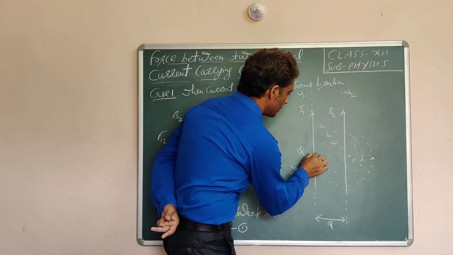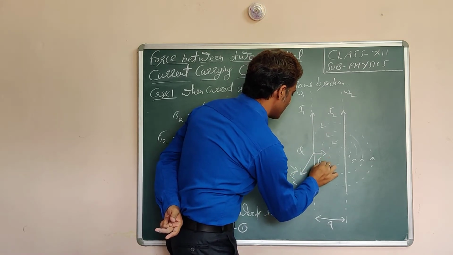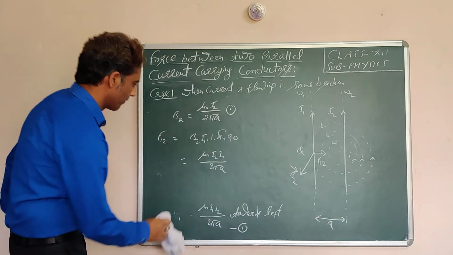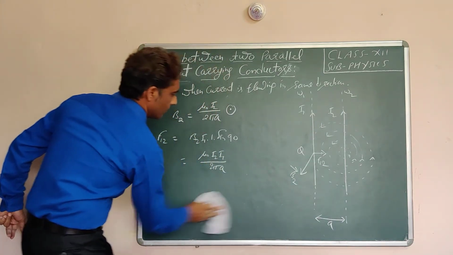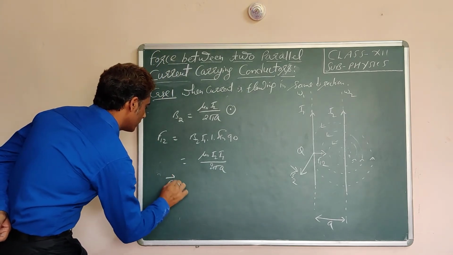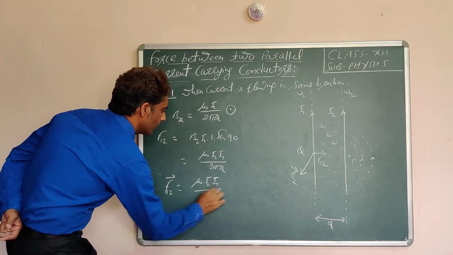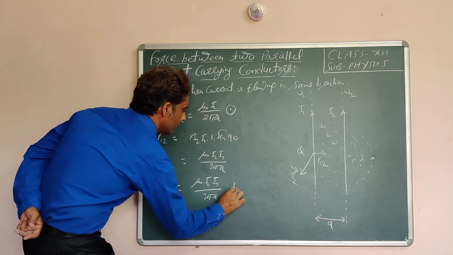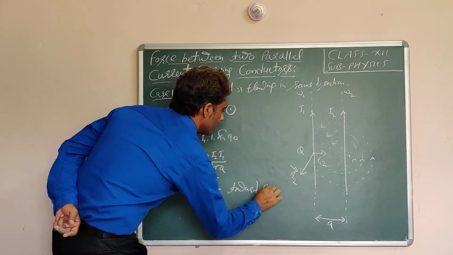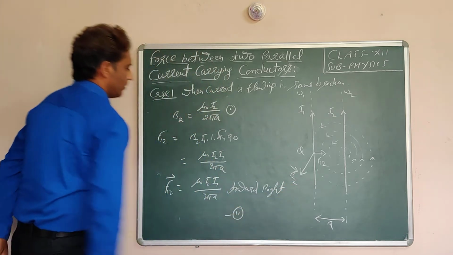So this is F12. If we write it in vector form, then F12 is equal to mu naught I2 I1 over 2 pi A towards right. Let this be number 2.